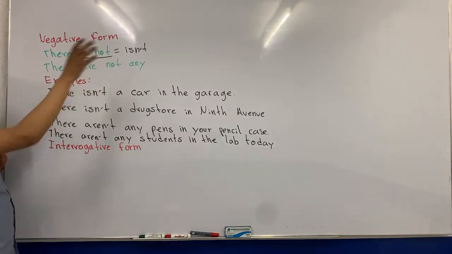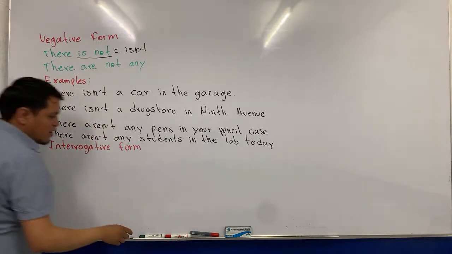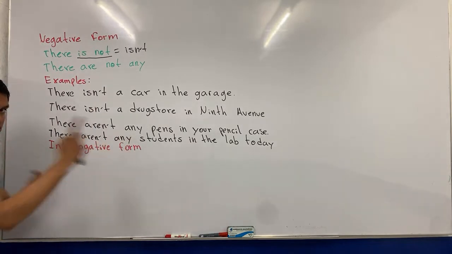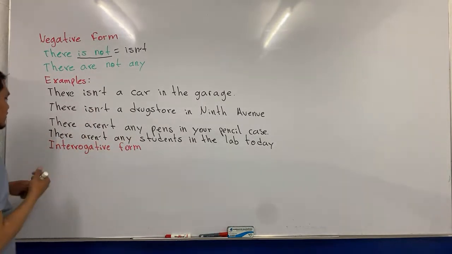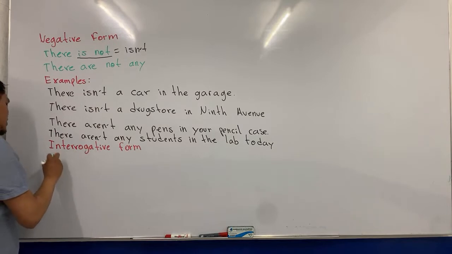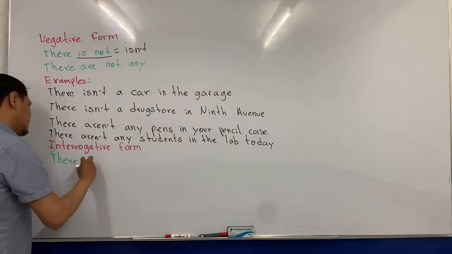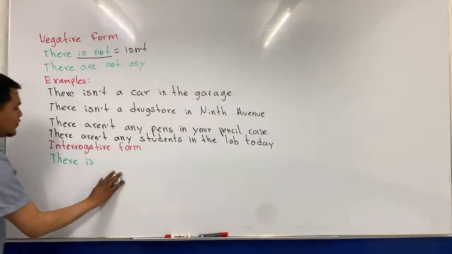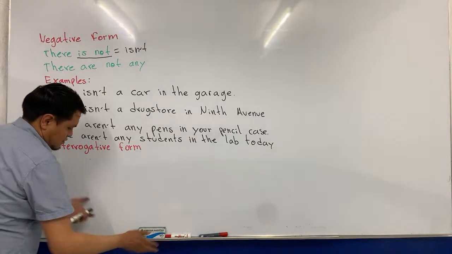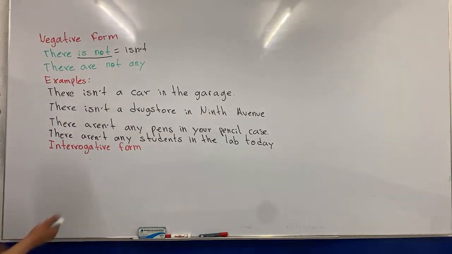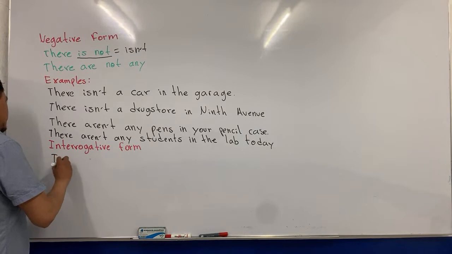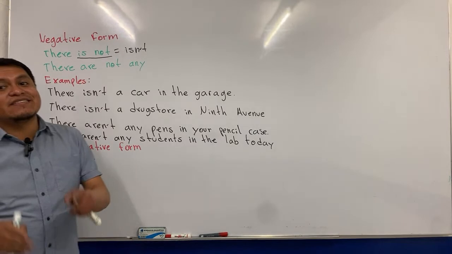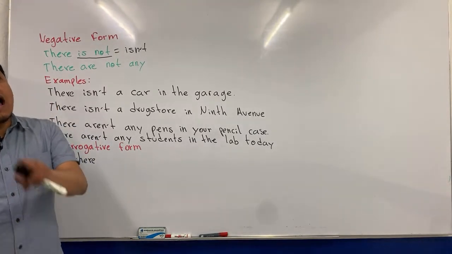But for interrogative, switch the words. Cambiamos el orden. Switch the order. We don't say there is. For interrogative form, we say is there. Repeat, is there a?